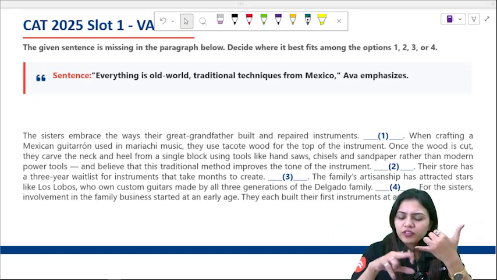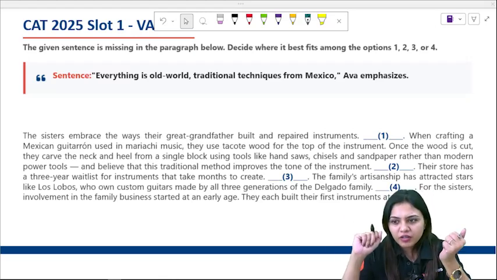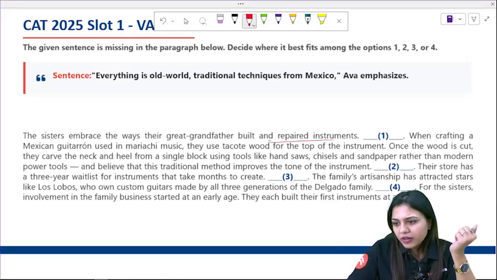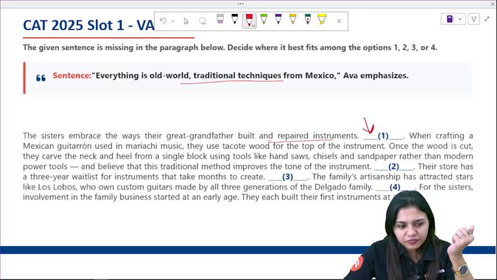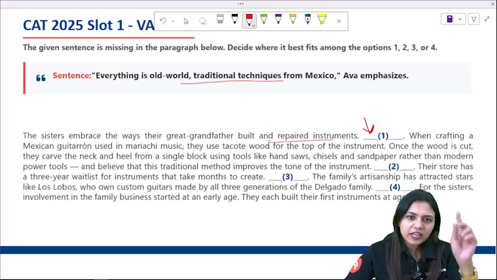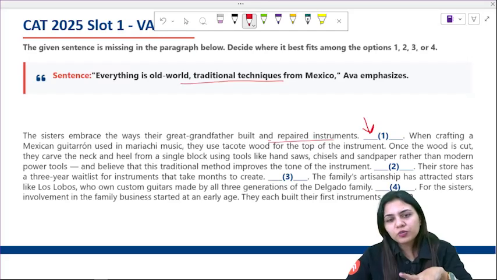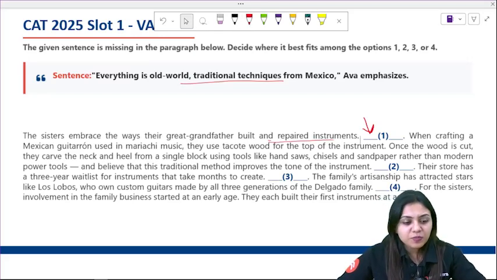So if I look at option 1, it continues the idea of the traditional methods. This was the traditional way we were repairing and building instruments, and we are confirming it by adding this right here. And when you read the next line, it smoothly leads you into instrument making techniques. So that's why this fits perfectly.